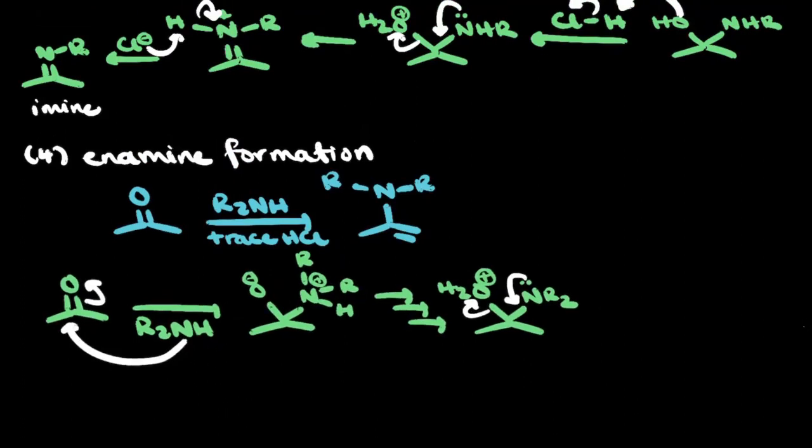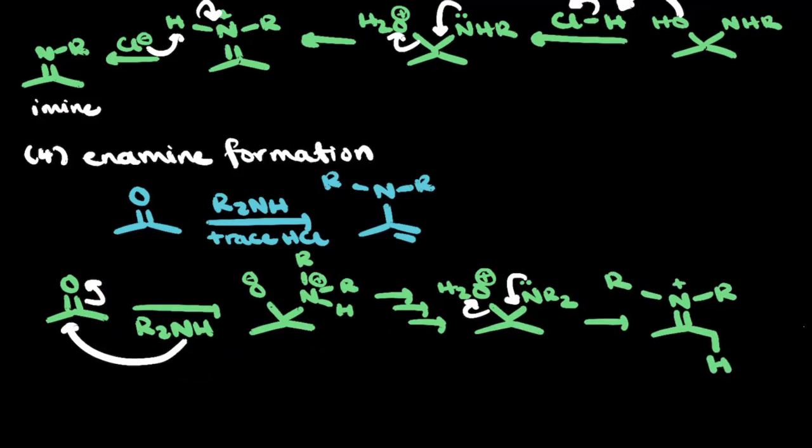Right, and then when we kick off that water, we now have this positively charged intermediate, right? Now we can't just deprotonate on our nitrogen group. That's not how it works. But we do have a nice and acidic proton over here that we can go and then deprotonate.